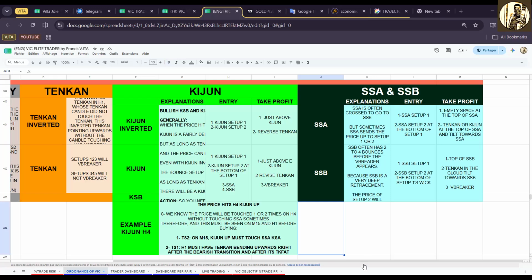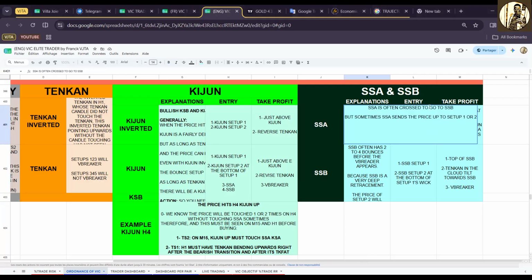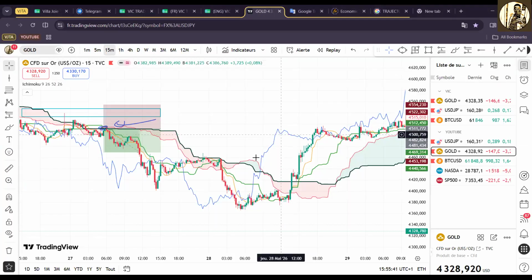SSA and SSB explanation. First of all, for SSA. SSA is often caused to go to SSB, but sometimes SSA sends the price toward the upside. What I mean is that, right?